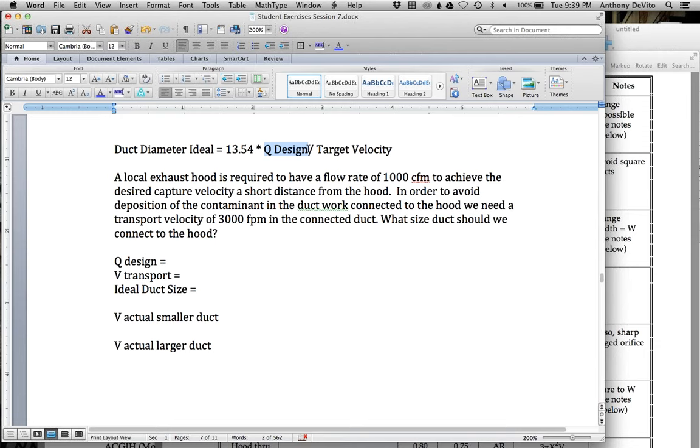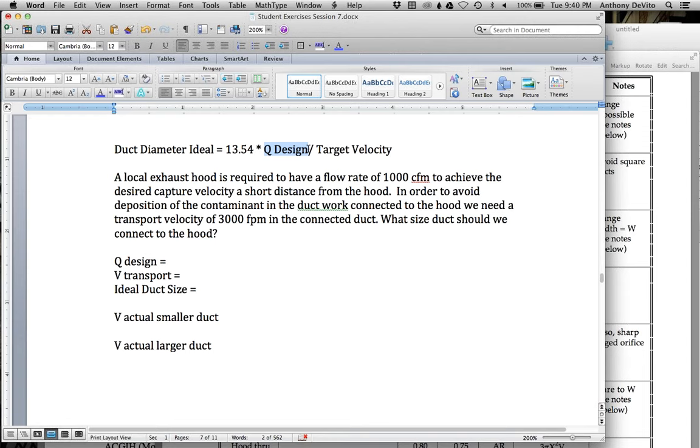For this hood, I need 5,000 cubic feet per minute. But if I size for too big a duct, the velocity in the duct is going to be slow, so I may not have the transport velocity I want. If I size it for too small a duct, it increases your frictional losses.